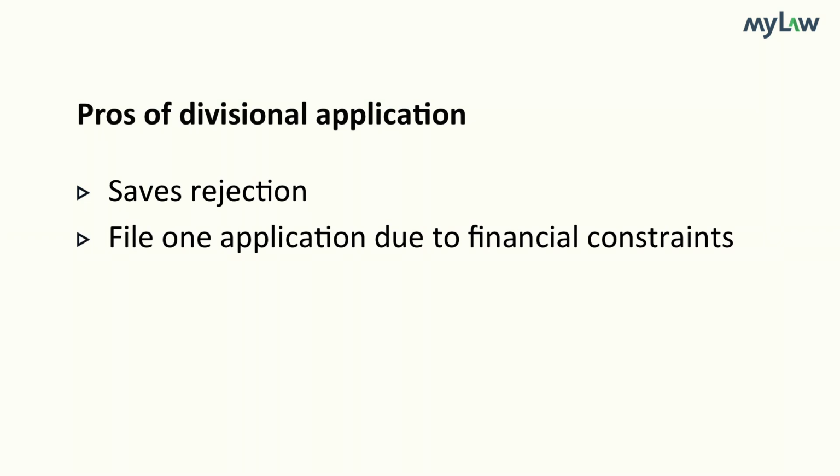If an applicant has financial constraints initially, he may file a single application for related inventions and can later divide out the application into one or more divisional applications. The cons are, it delays the grant of a patent.